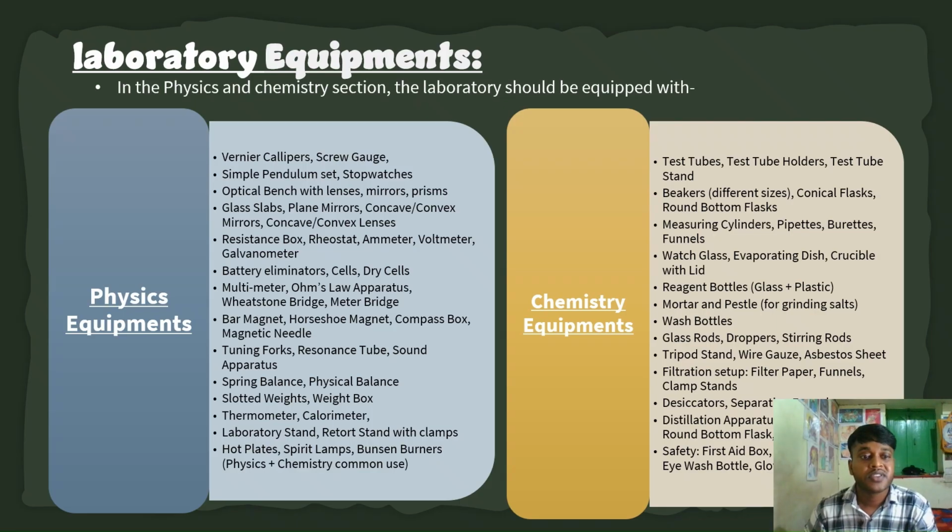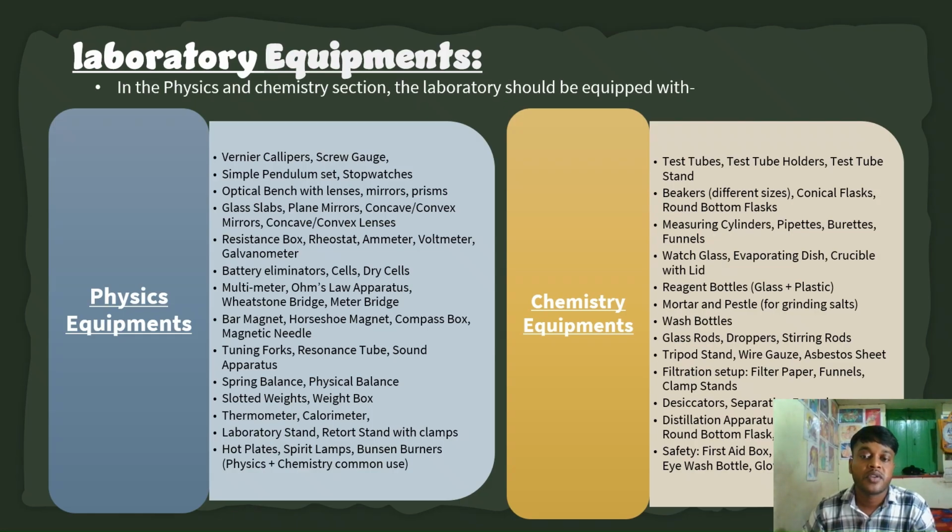The physics section must include a variety of instruments to demonstrate principles of mechanics, light, optics, heat, etc. Equipment like vernier caliper, screw gauge, simple pendulum, stopwatch, glass slab, mirrors of different types, resistance box, rheostat, ammeter, voltmeter, battery eliminator, cells, Leclanche cells, multimeter, Ohm's law apparatus, Wheatstone bridge, meter bridge, bar magnet, horseshoe magnet, compass box, magnetic needle, tuning fork, resonance tube, sound apparatus, spirit level, physical balance, weight box, thermometer, calorimeter, laboratory stands with clamps, hot plates, spring clamps, and Bunsen burner, for both physics and chemistry in common use.